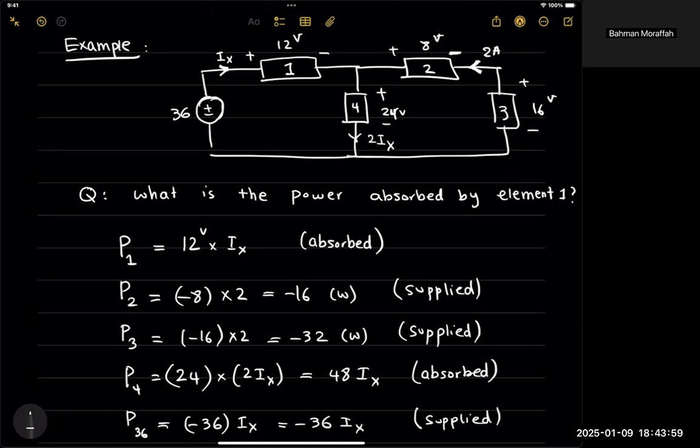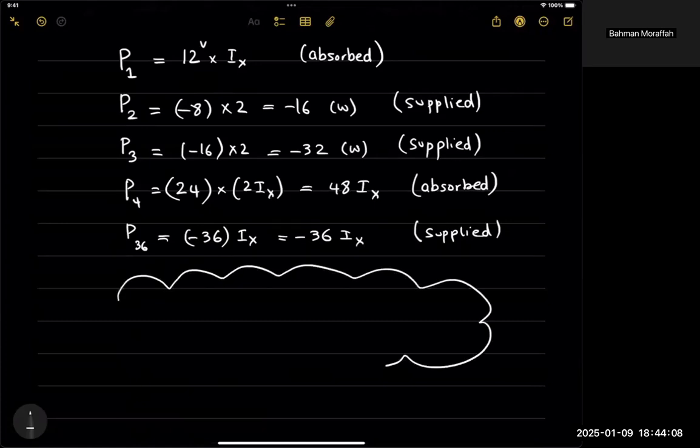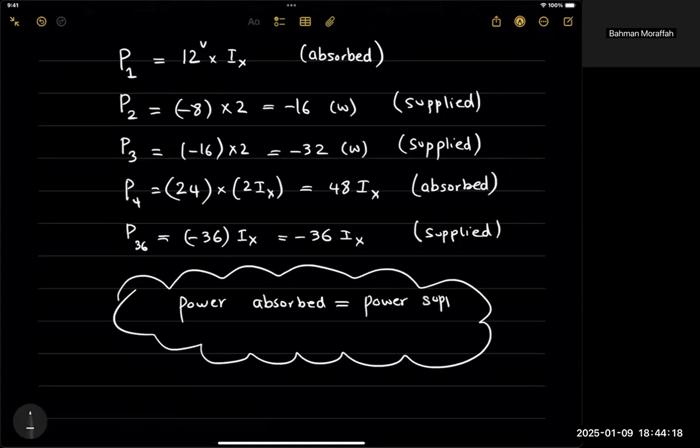So the question here is how can we use these powers to find Ix? Well, what we do know is that we cannot generate power. So power absorbed must be exactly the same as power supplied. In other words, if I add up all the powers, it should add up to zero.